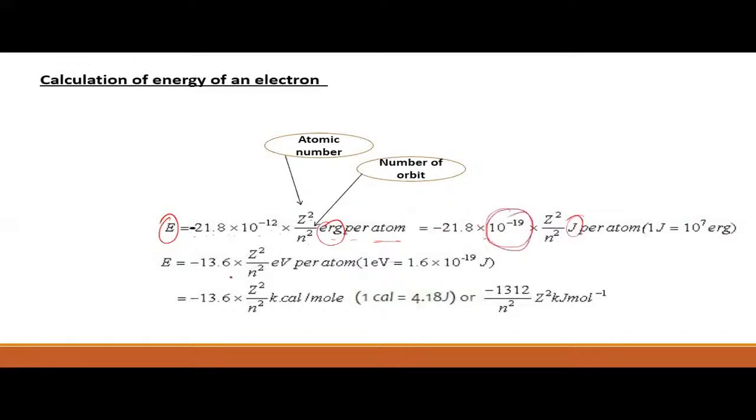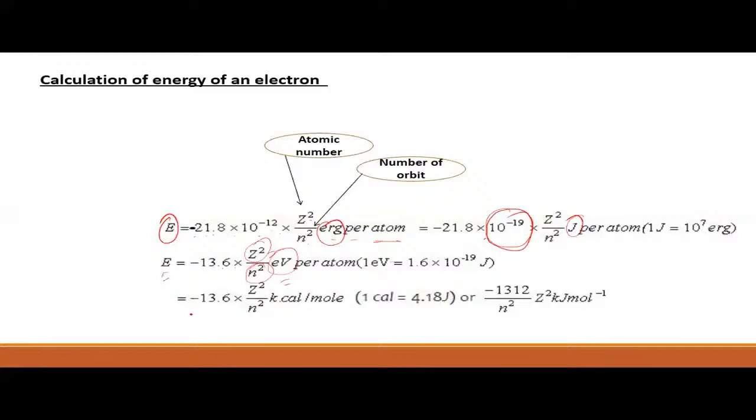Here, energy in terms of electron volt, the value is minus 13.6 into Z square upon n square. Here Z is atomic number and n is number of orbit or energy level.